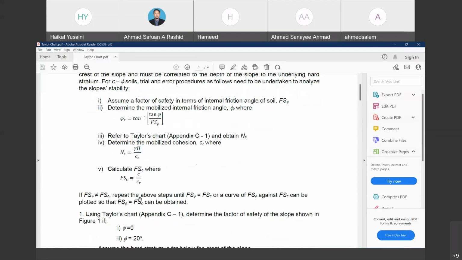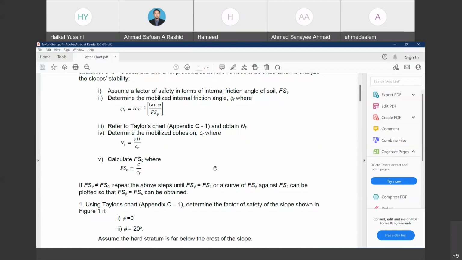So the next task is, as we have discussed previously, that we want to differentiate between the non-linear and linear relationship.